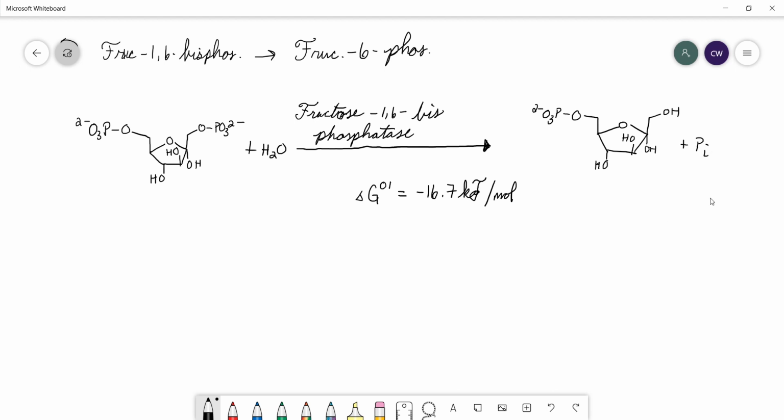Plus, we get an inorganic phosphate. Under our cellular conditions, we have this distinct exergonic reaction that's irreversible.